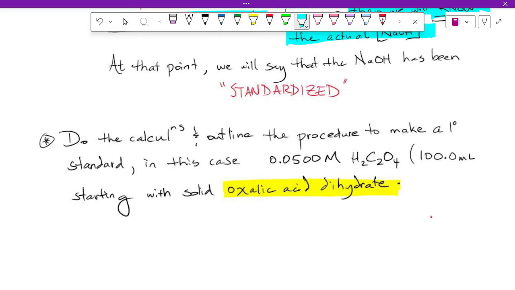When in doubt, find the moles. Start with that. Yep, you'll want your pink book because you need some molar masses. Anybody need a data booklet?